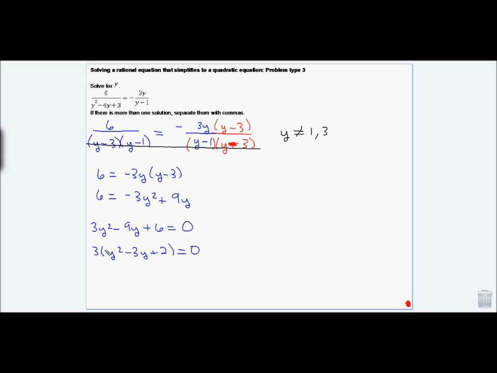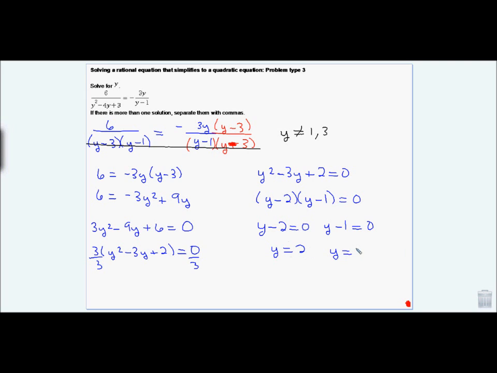Now if I divide both sides by 3, I get y squared minus 3y plus 2 is equal to 0. I'm looking for factors of 2 that add up to 3, and I want them to be negative. So I get y minus 2 equals 0 and y minus 1 equals 0. So I get y equals 2 and y equals 1.